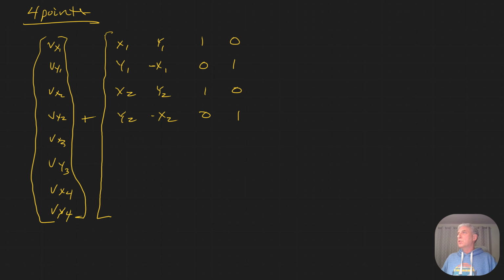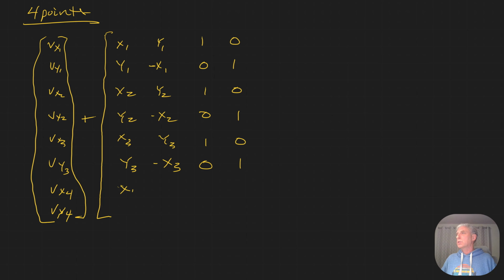It's hard to keep these straight. x3, y3, 1, 0, and then y3 minus x3. The minus or the negative is not an operation, it's a sign. 0, 1.